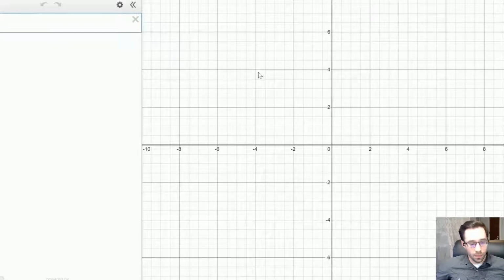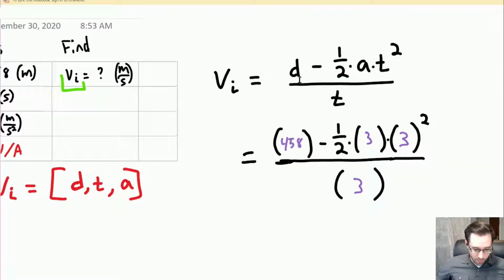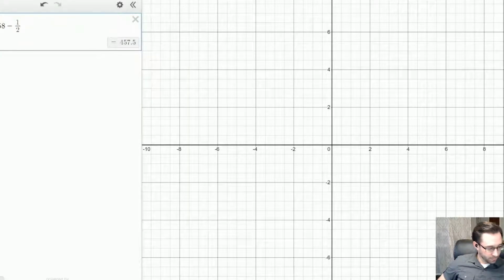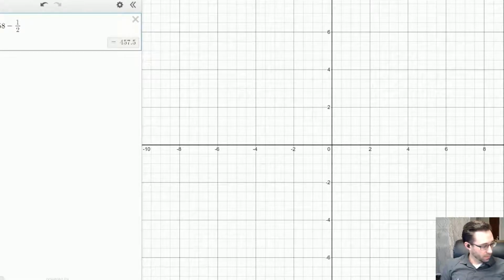Bear with me one second. Pull Desmos up. So our expression was 458 minus 1/2. Now, if I continue to write, it's going to go on to the bottom. So you have to hit the right arrow, and that kicks it over.